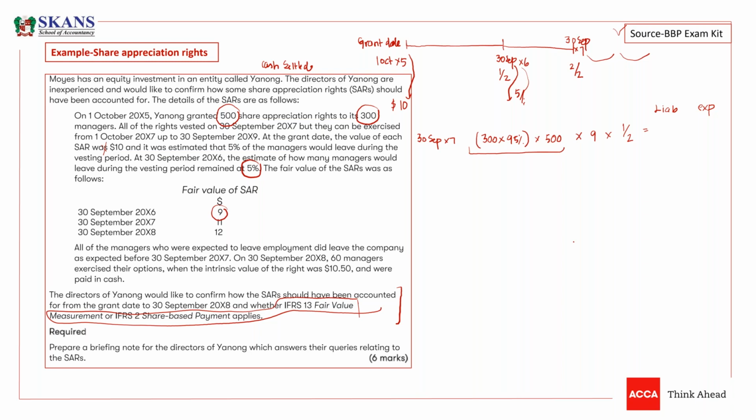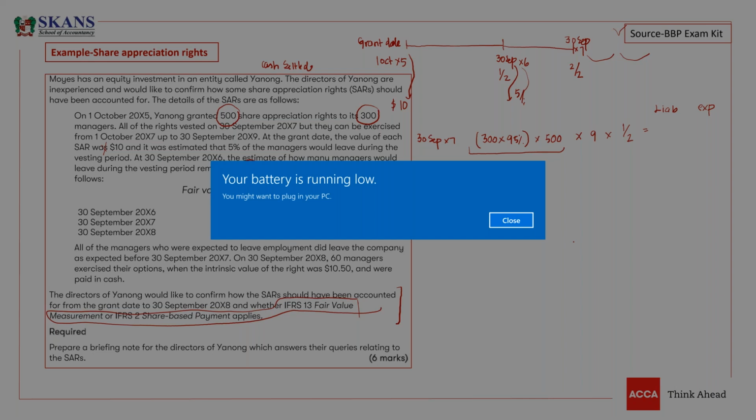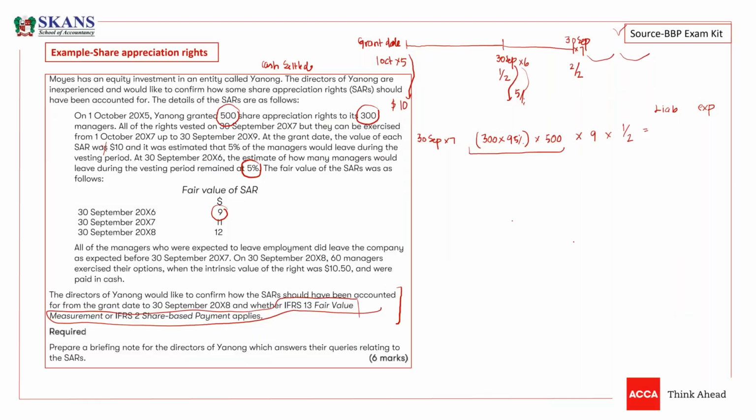Someone has asked me how we know that it is for 2 years. It is mentioned in the question when they are going to vest. So let's understand, guys. Look, I'm just highlighting the time.